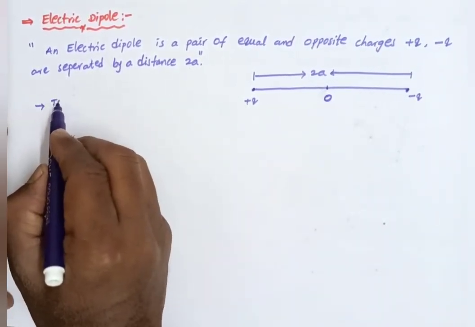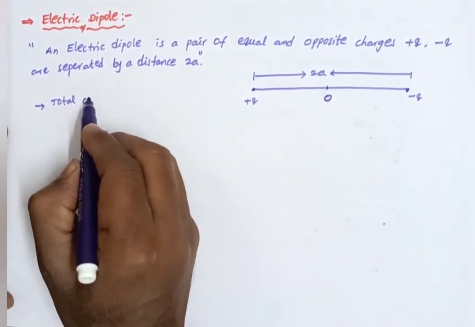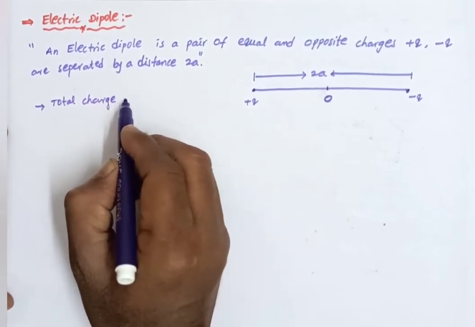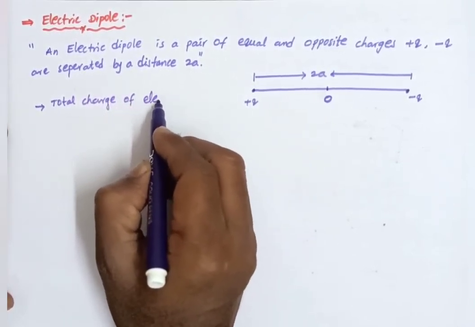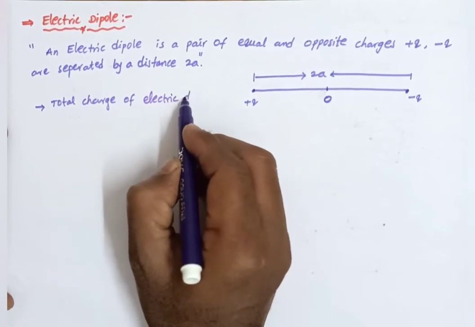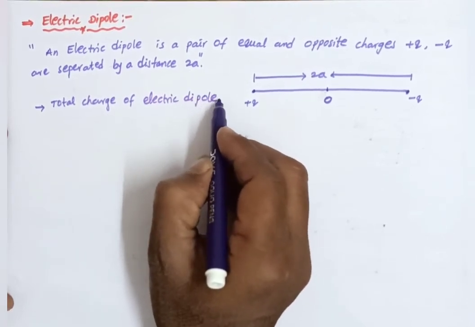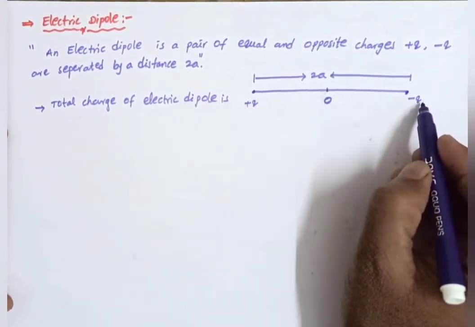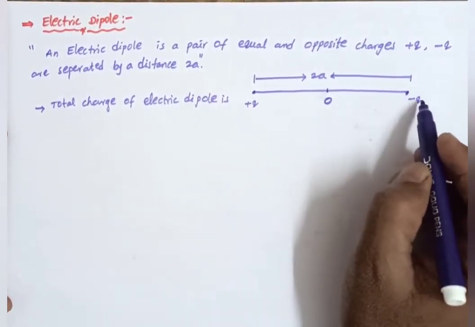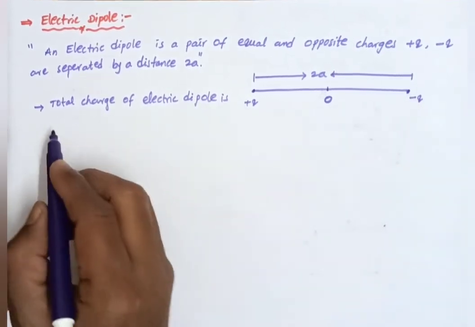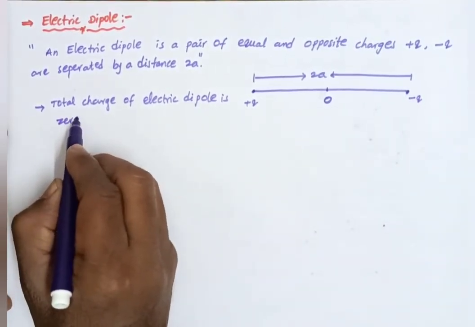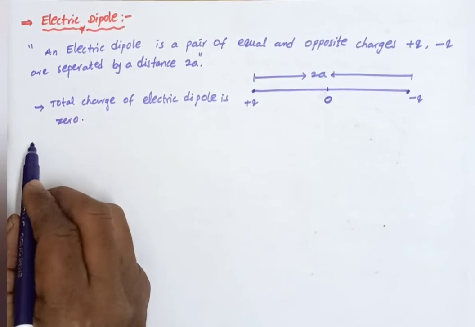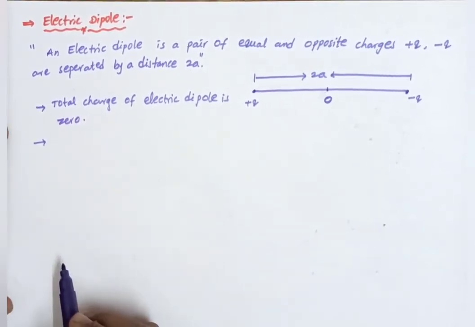The total charge of the electric dipole is plus q plus minus q, so the total charge is 0. But the total electric field of the dipole is not equal to 0.